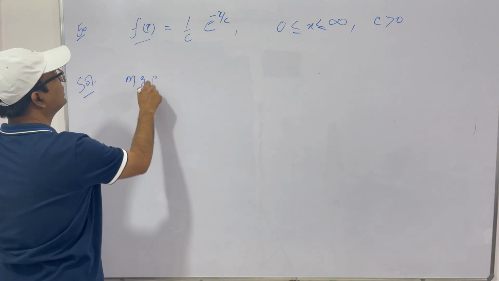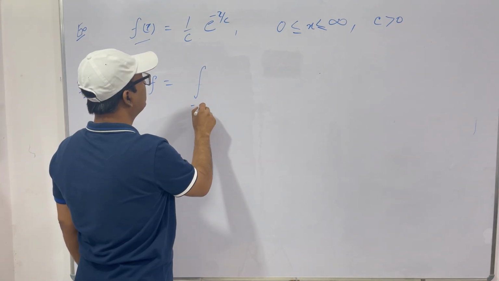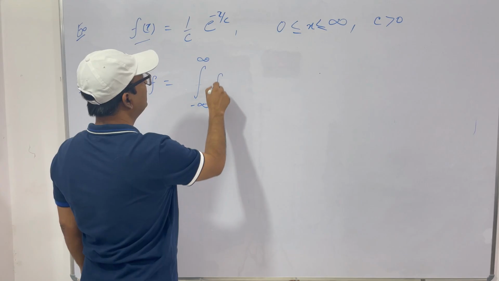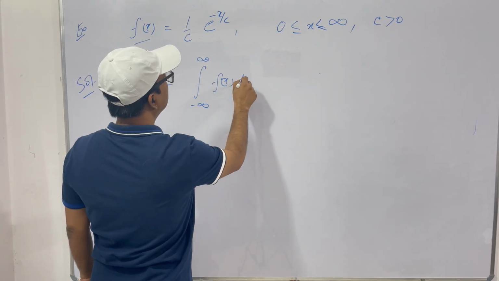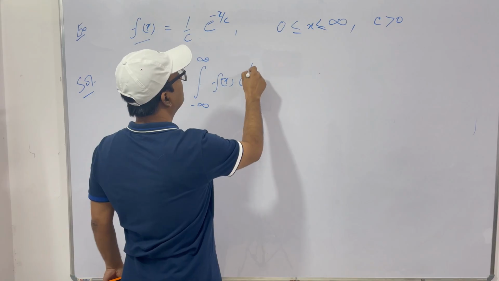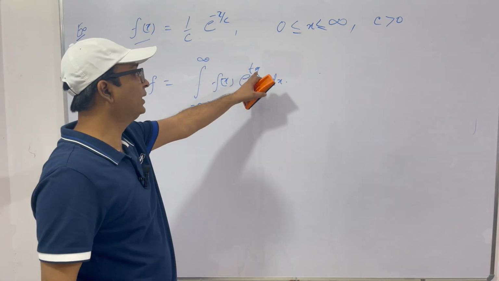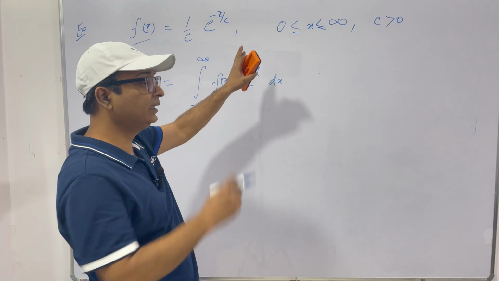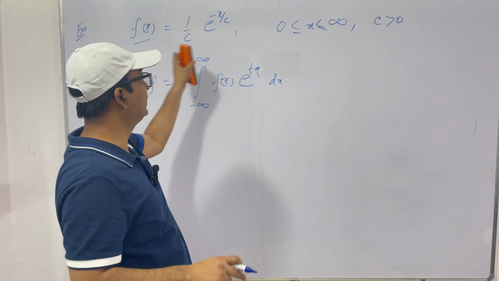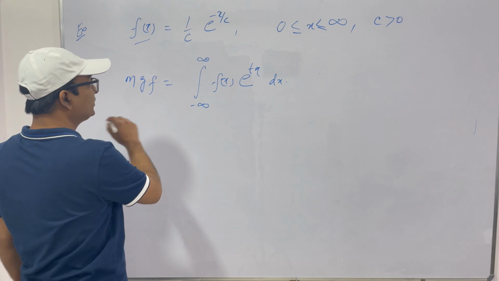Moment generating function, this is a continuous distribution function. So this will be the integral from minus infinity to infinity of this function into e to the power tx dx. We have tx minus a, but a is 0, since we have to find it about the origin. So this is the formula for MGF.